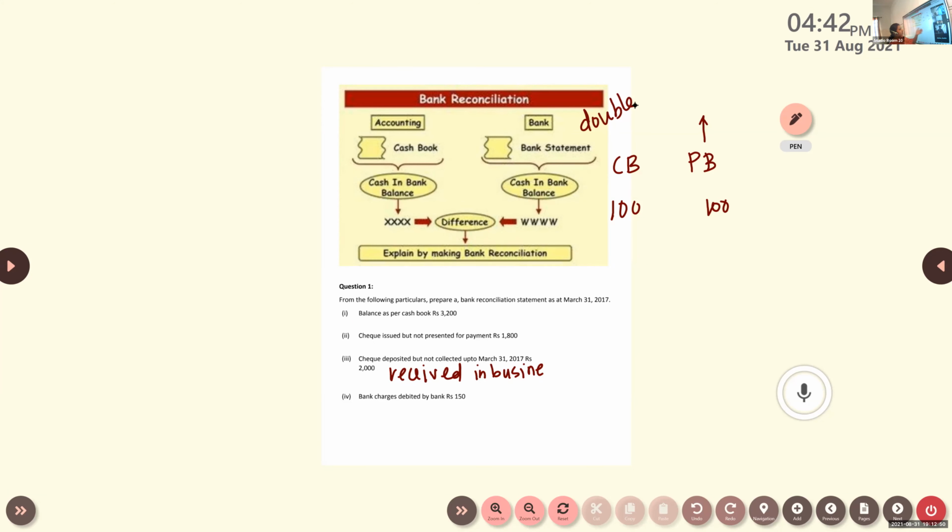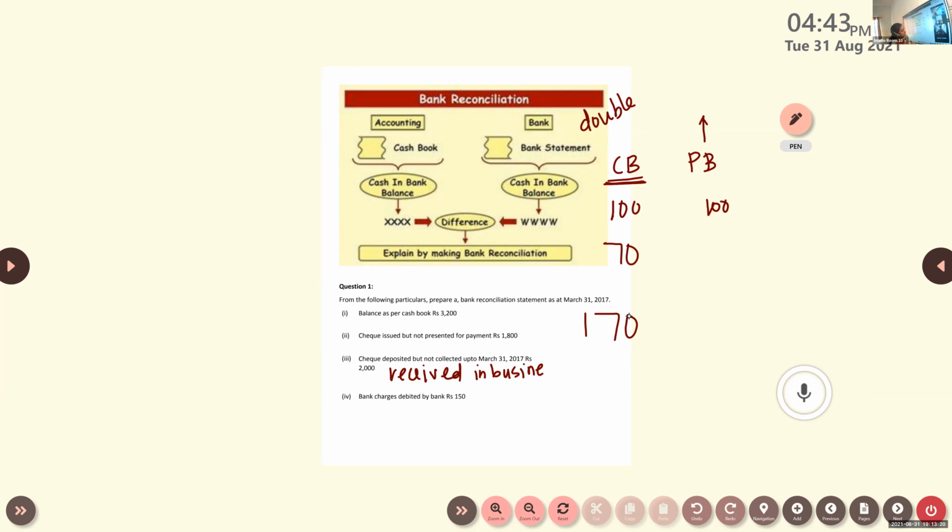So when a check is received, the business will immediately record it in the cash book. Say if it is 70 rupees, we record it immediately in the bank column. So the bank balance in the cash book has now increased to 170, 100 plus 70.